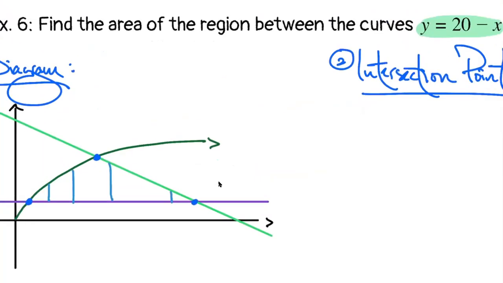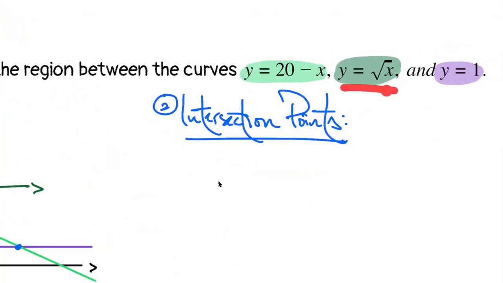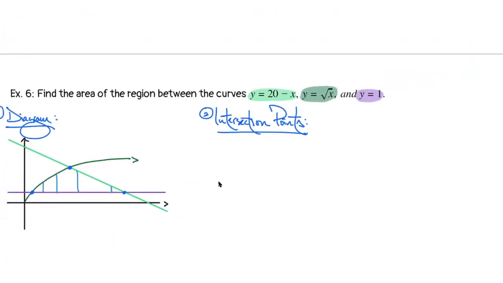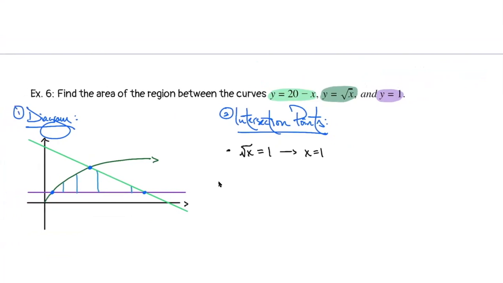If I want to do that, I have to set the dark green equation and the purple equation equal to each other. So we get square root of x equals 1, and that means that x equals 1, right? Now, wonderful question asked earlier: we need to find part of the coordinate, meaning I have an x value.